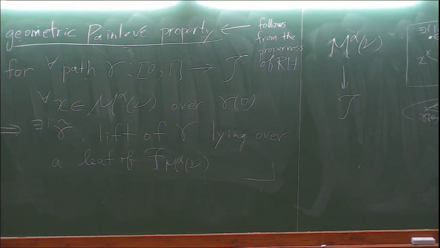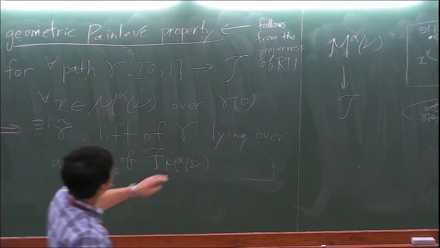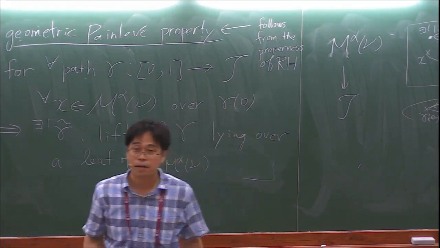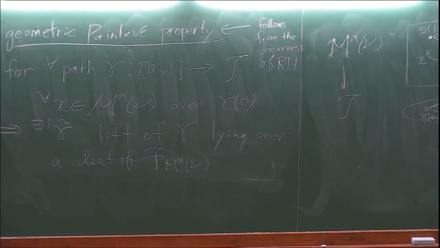Properness of the Riemann-Hilbert morphism. So the fiber is always compact, and we can take a limit.